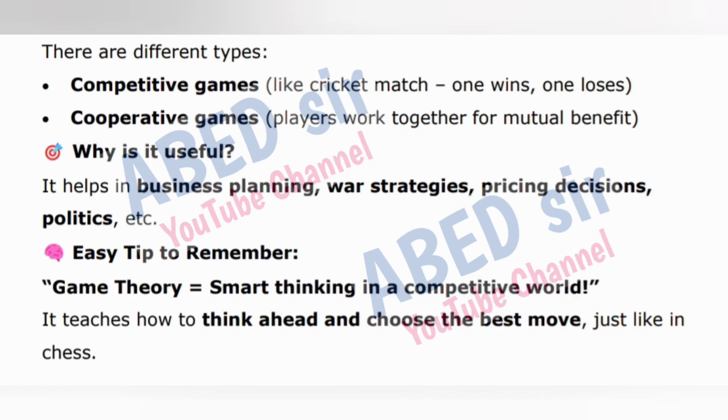Why is it useful? It helps in business planning, war strategies, pricing decisions, politics, etc. Easy tip to remember: game theory is smart thinking in a competitive world. It teaches how to think ahead and choose the best move, just like in chess.